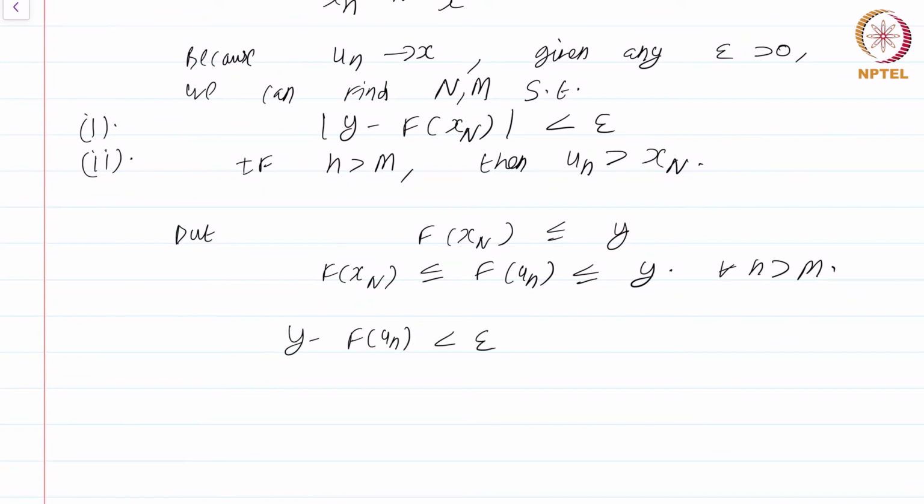There's no need to put the modulus because we know that f of un is less than or equal to y, which shows f of un converges to y. So the claim is proved.